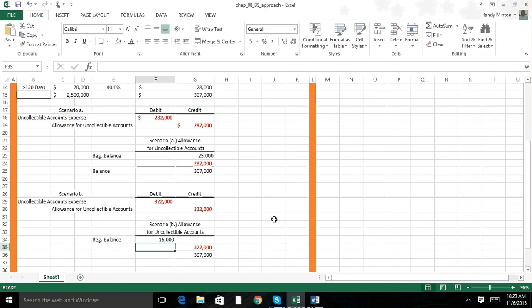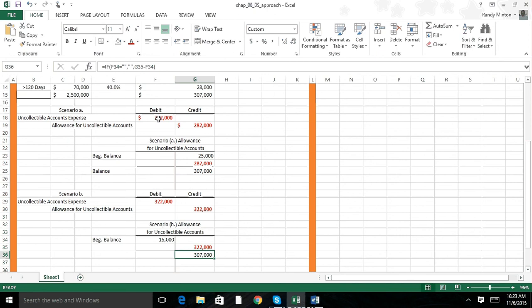So now you'll notice that when I put the $15,000 on the debit side of the account, here is what I need you to see. The $307,000, which was calculated up here as what needed to be in the balance for uncollectible accounts, that's a balance sheet side, is the same number here and here. But the entry itself fluctuates.